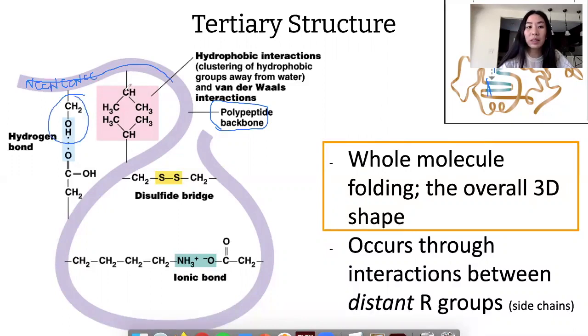Actually, let's take a look and see if we could figure out. Everyone turn to page 59 in your textbook. And I want to see if you could figure out what amino acid this is right here, the one that's circled. So open up to your amino acid page.